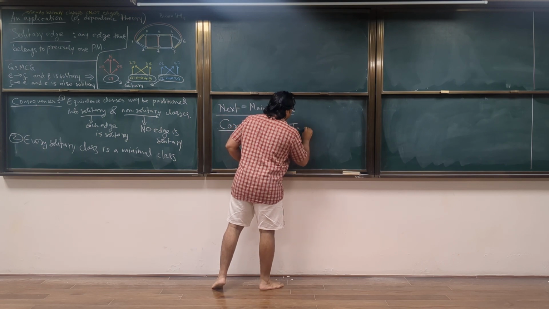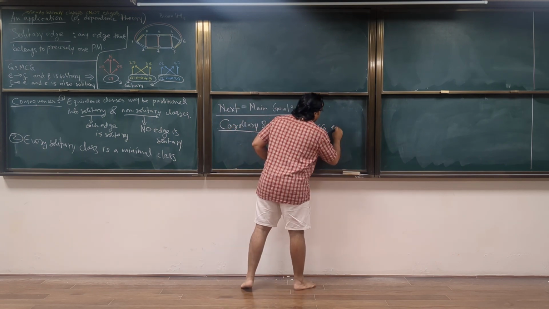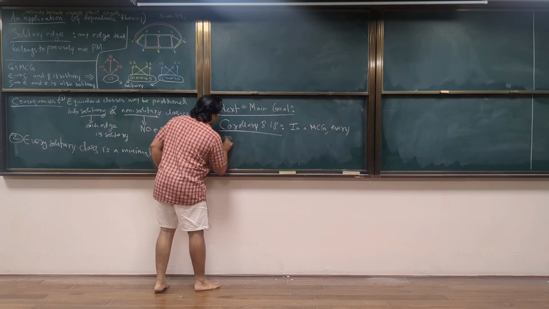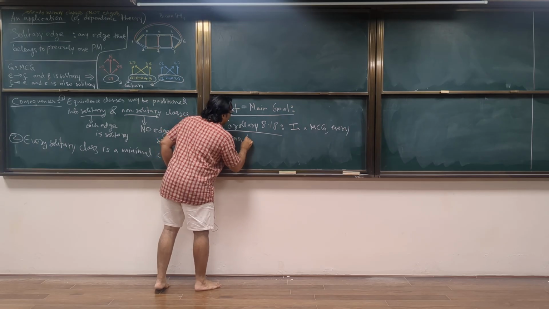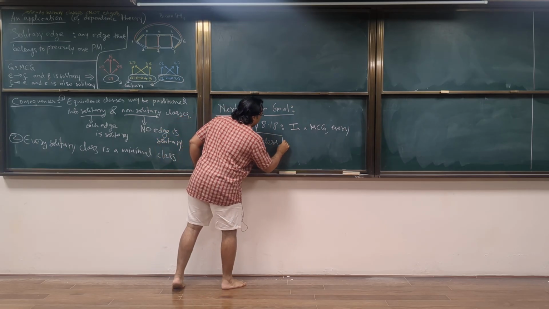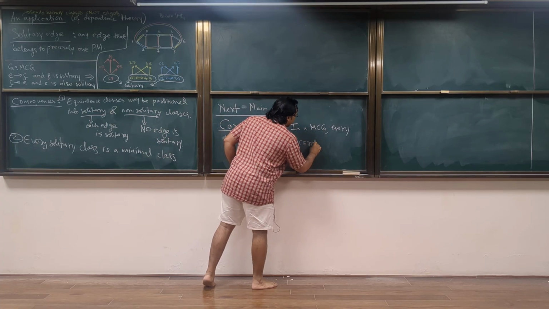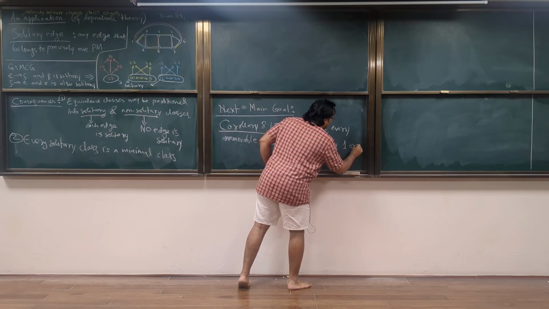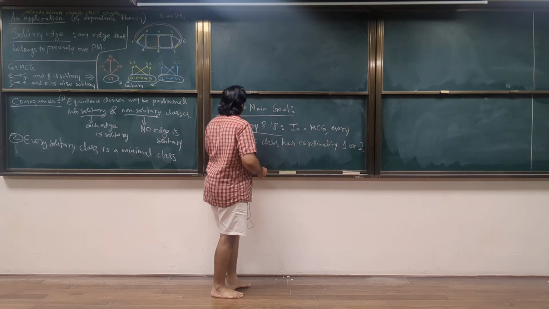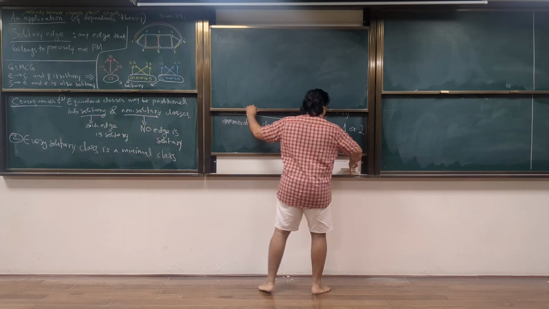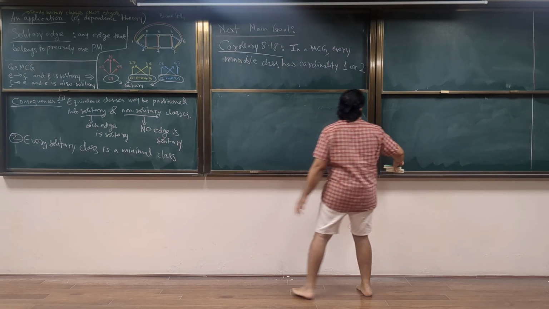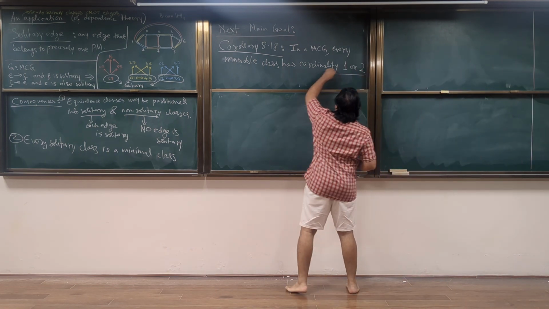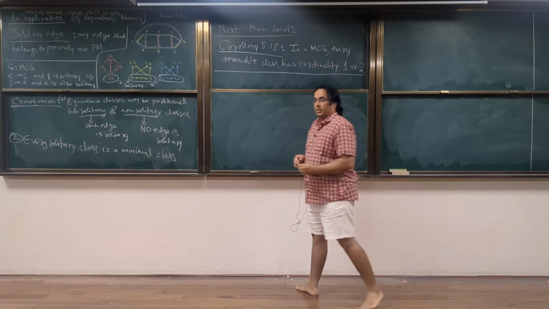In a matching covered graph, every removable class has cardinality 1 or 2. Okay, this is what we will conclude this chapter with. Right?